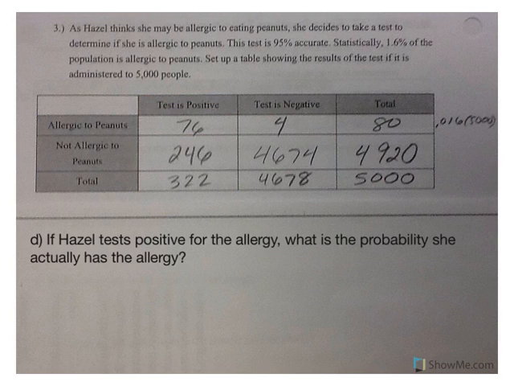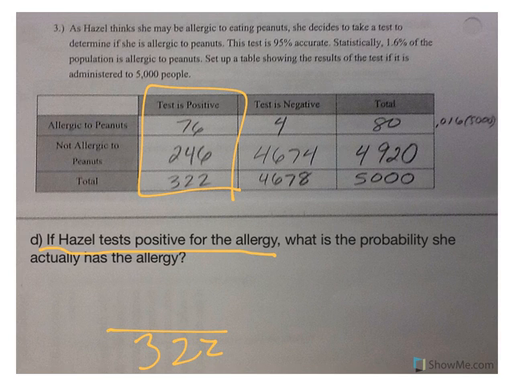How many? Then we get to the probability. If Hazel tests positive, so we're only focusing here on the positive, my denominator is 322. What is the probability she actually has the allergy? So 76 over 322 gives me 0.236.